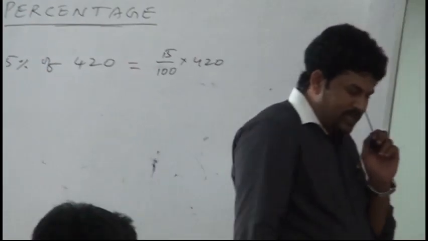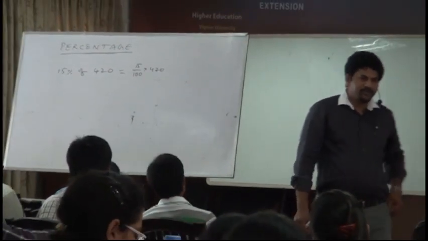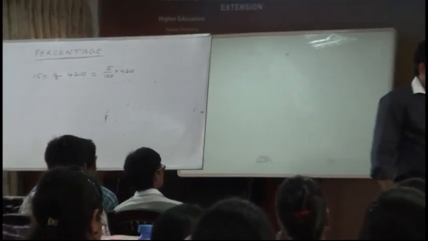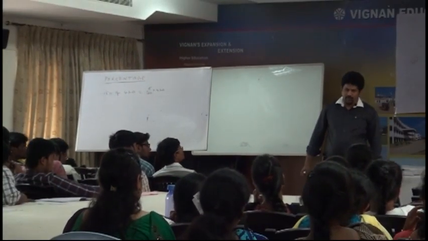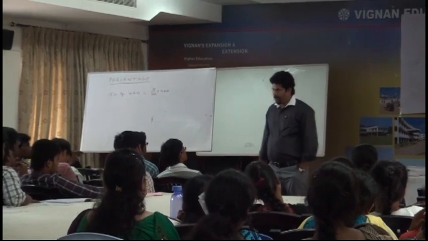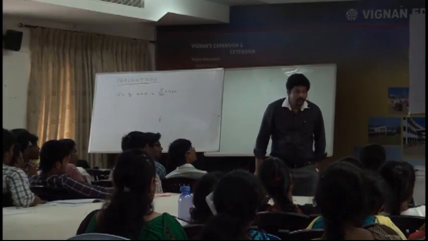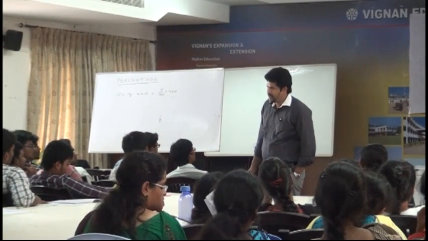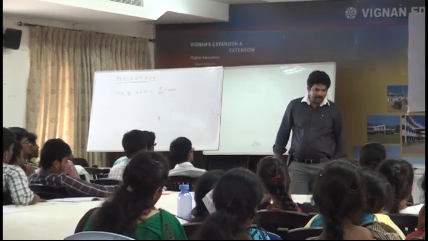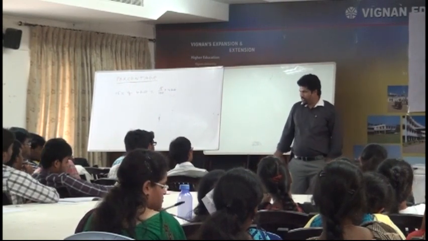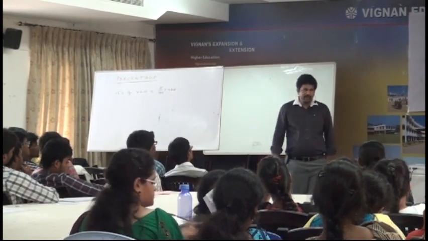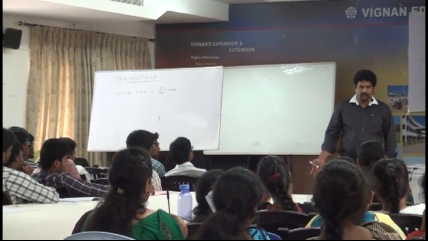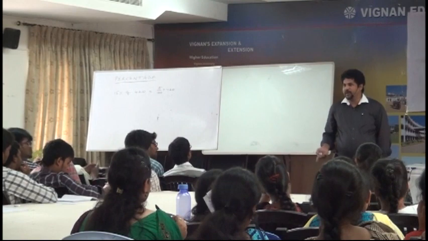So what is 10% of 420, guys? 10% is 42. Then what is 5%? Then what is 15%? 42 plus 21. How much is that? So what is 15% of 420? As simple as that. Why are you always going for 15 by 100 into 420?